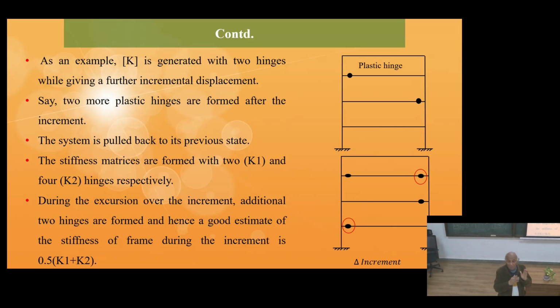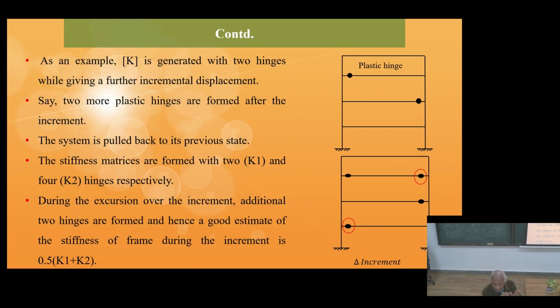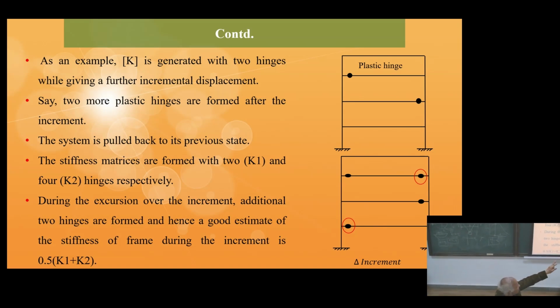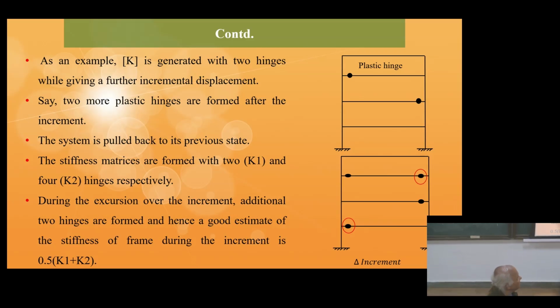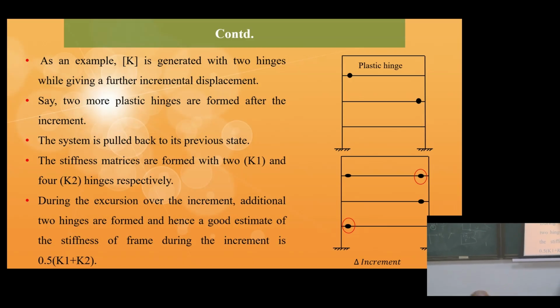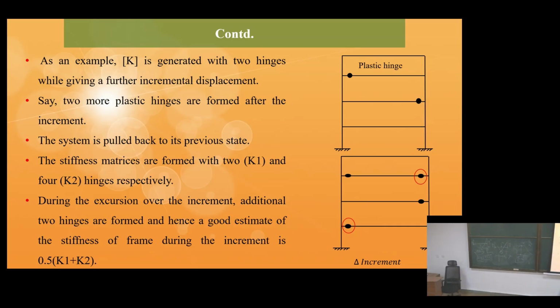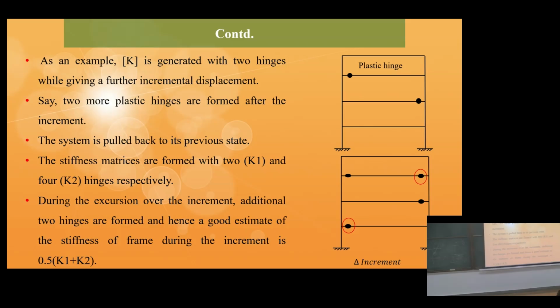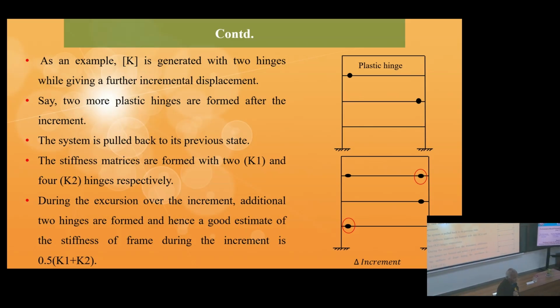Okay. Now I am performing an analysis for that. So when I am starting the analysis, in the K matrix that I write, I take this frame, and whenever I have plastic hinges, I assume that at that place there is only a hinge. That means it cannot take any more bending moment, no extra bending moment, right?